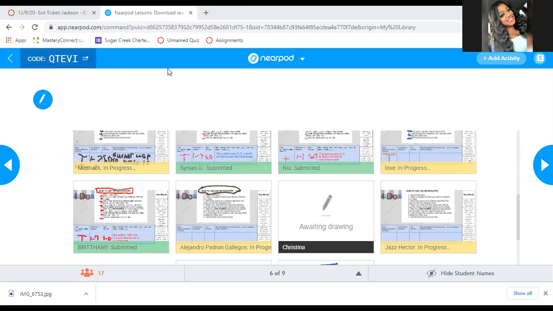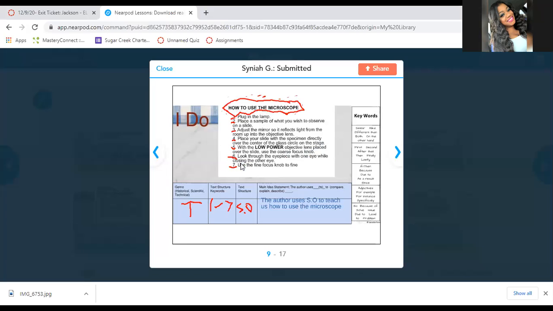I did my I do, but I want you to mark up, since you were not in class, your paper the way that I would, okay? So if you look on Zoom, I'm going to project a paper that looked just like mine, okay? So Jazz, look at Sanaya G's paper. This is exactly how I marked up my paper. I looked at the genre, which was technical.